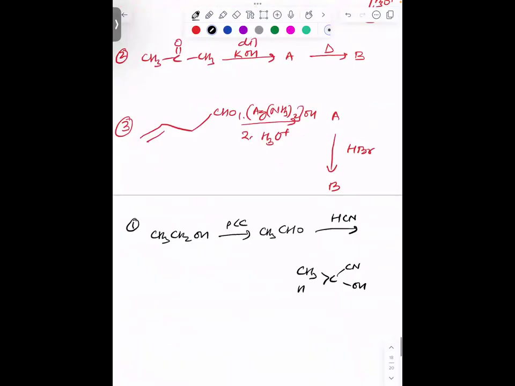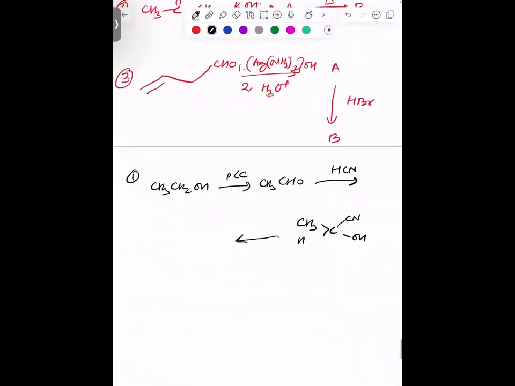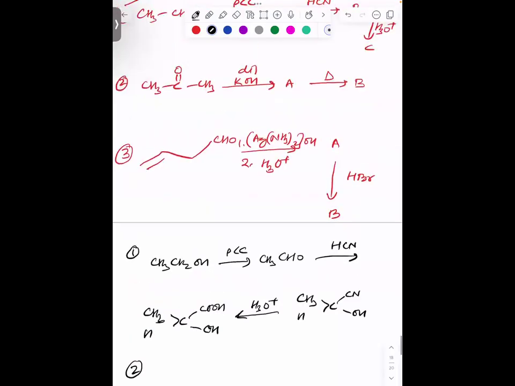Then you do hydrolysis, CN will be converted to carboxylic acid. Note it down.